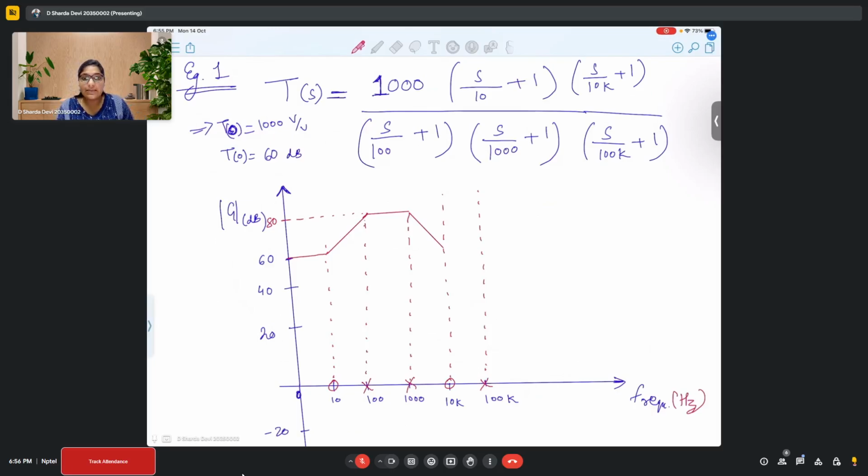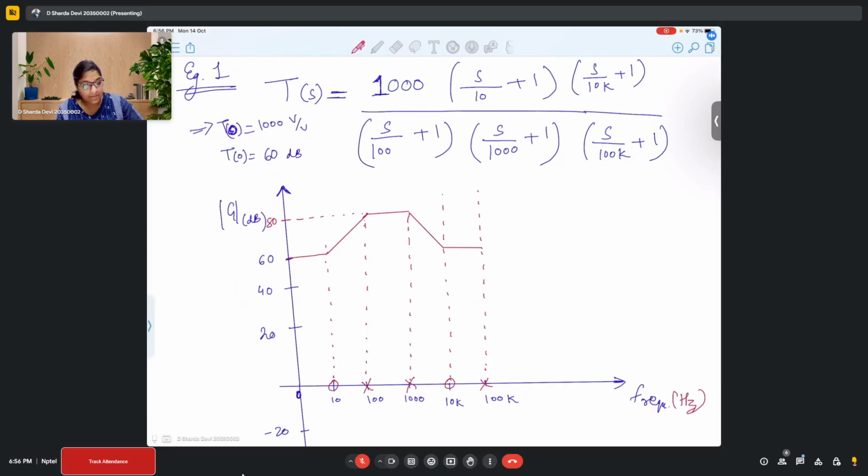Right? Now what will happen from 10K to 100K? It will again go flat because of a 0. After this, what will happen at 100K? Minus 20 dB per decade.